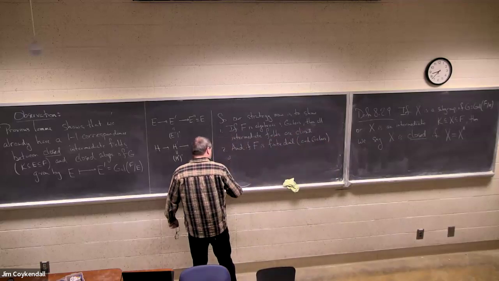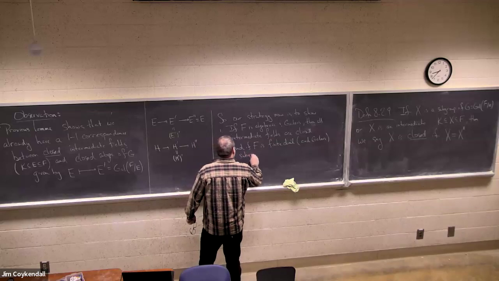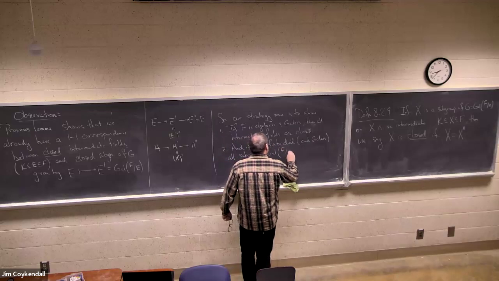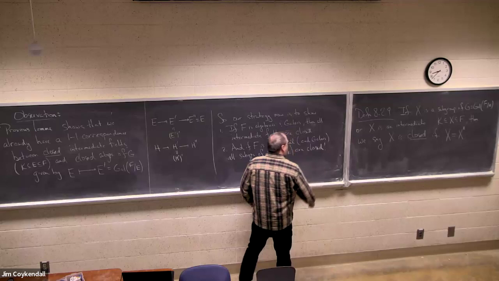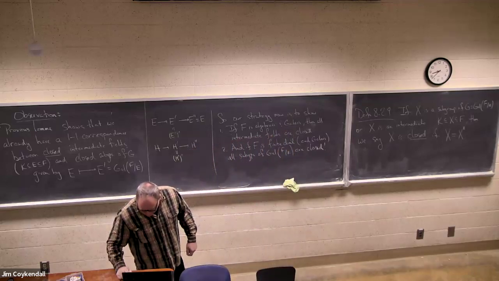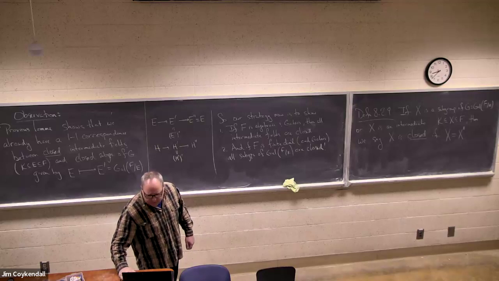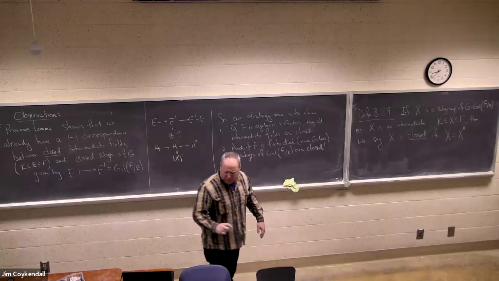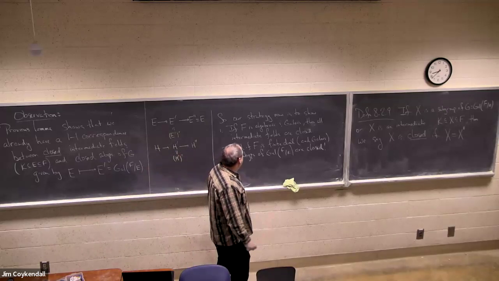All subgroups of the Galois group are closed. Notice this one's a little bit more restrictive. To get the groups closed, we're going to invoke finite dimensional.